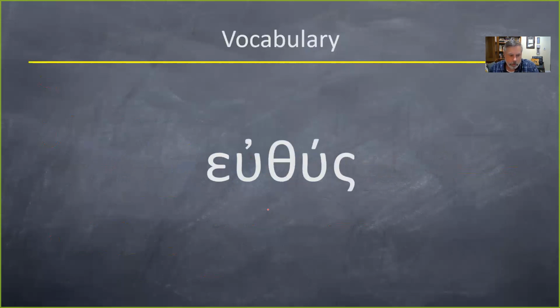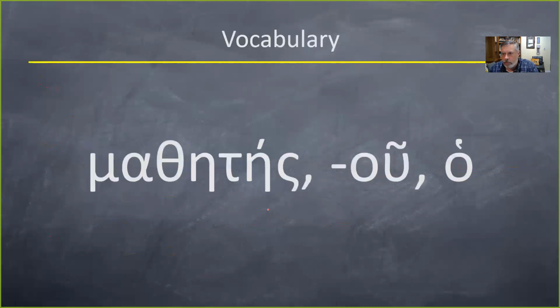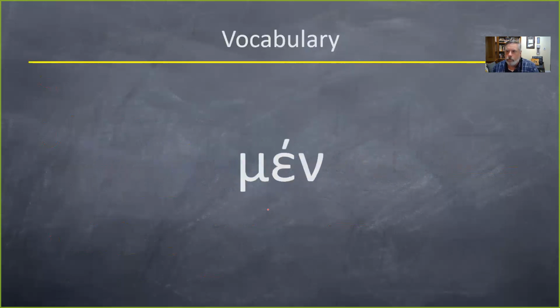Mark uses this word a lot, immediately. Heōs is a conjunction, meaning until. It can function as a preposition, meaning as far as. Mathētēs, being disciple. Mathētou, in the genitive form. Ho mathētēs. The ho is the article showing that it is masculine.